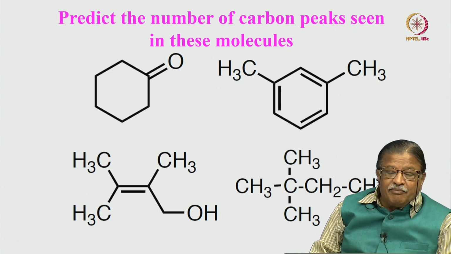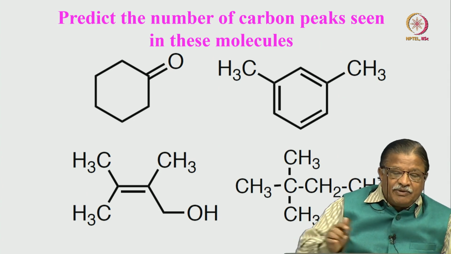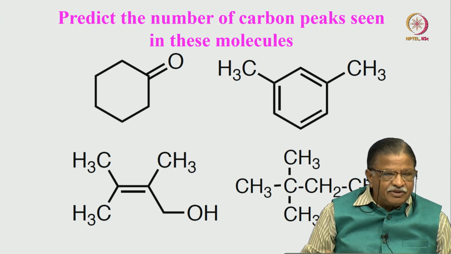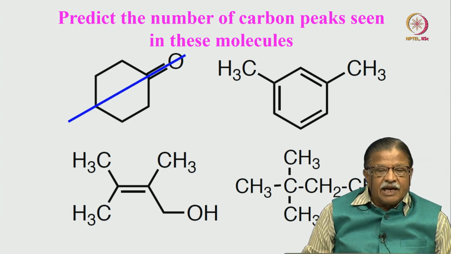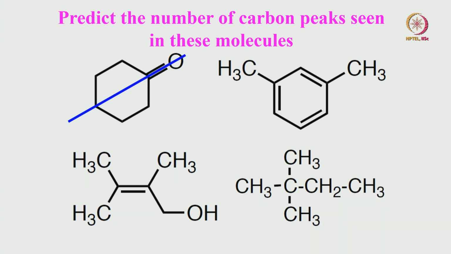Predict the number of carbons seen in these molecules. How many carbon peaks do we expect in this molecule? Draw the symmetry axis here. How many chemically inequivalent carbons are there? 4, because this and this are same, this and this are same, and this carbon is different. You get 4 peaks. What about this one? There is a symmetry axis here.